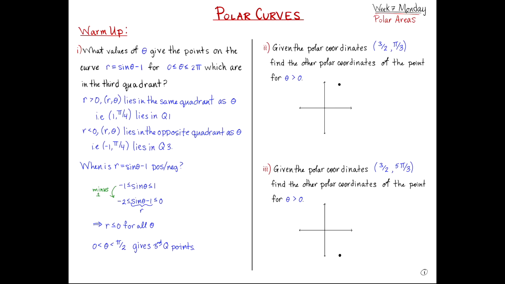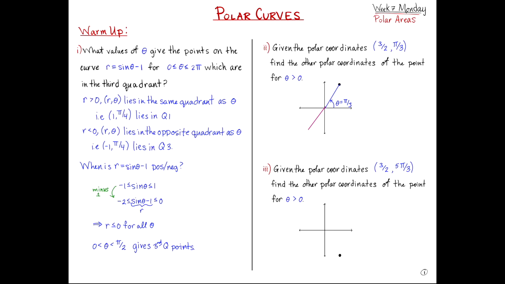For our next example, we want to know another way to describe the point (3/2, pi over 3) such that the theta value is positive. We're starting with an angle of pi over 3. And if we want our point to have a positive value of theta, that means that our r value has to be negative.